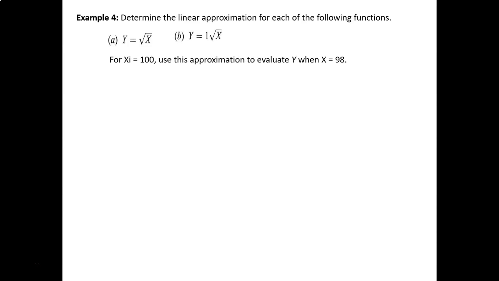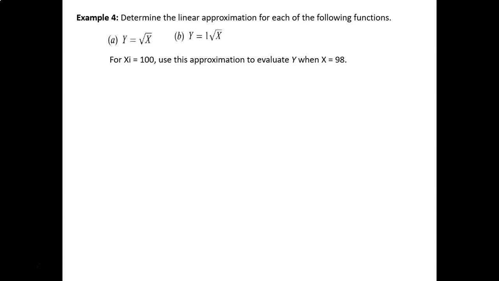Determine, that is example number 4, determine the linear approximation for each of the following functions. That is small a, the first problem, y is equal to root x, second y is equal to 1 upon root x. Therefore, for xi is equal to 100, use this approximation to evaluate y when x is equal to 98.